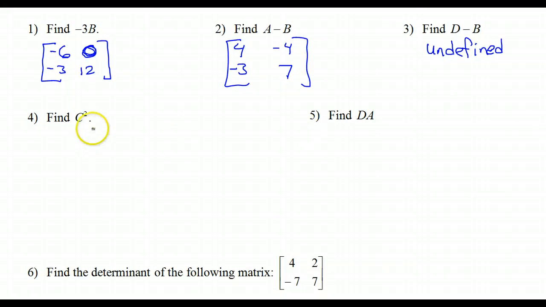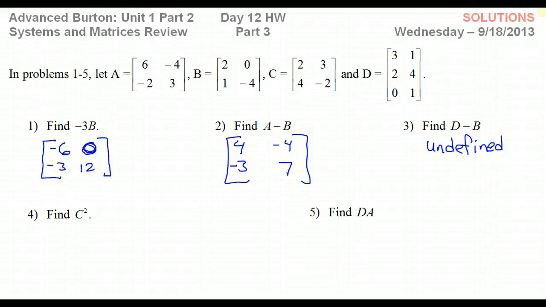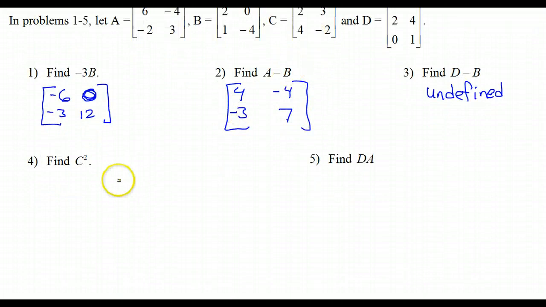Number 4, C squared. Please be careful. When we had our quiz last time, so many kids just wanted to square this and get 4, 9, 16, 4. That's wrong. You do not just square the entries. C squared means multiply matrix C by itself.